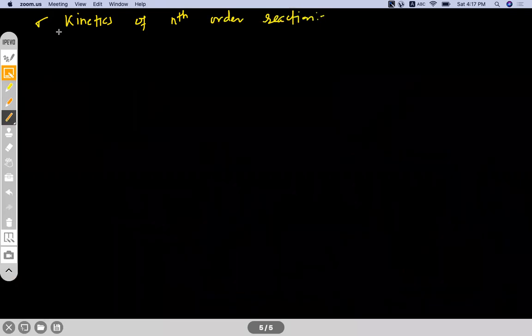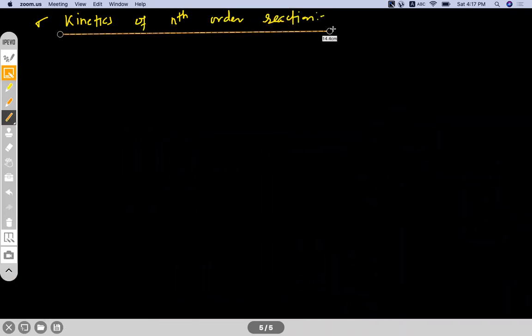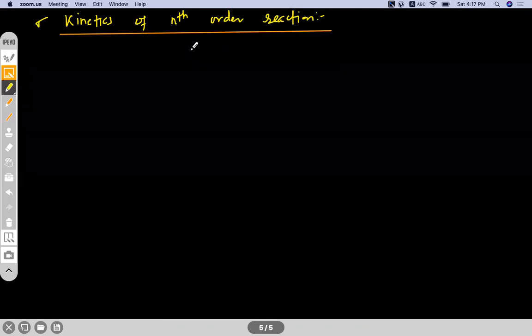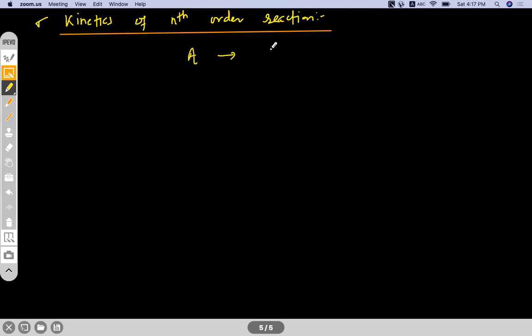Next, write down kinetics of nth order reaction. Again, the same reaction I am assuming, A gives product.